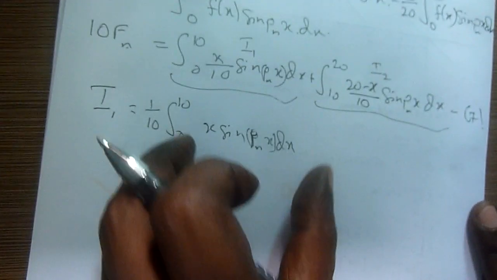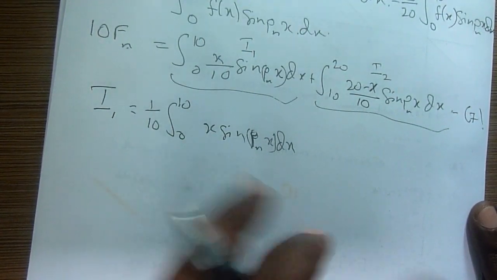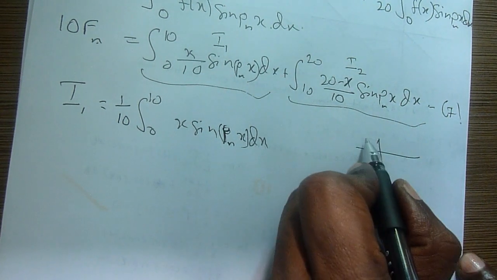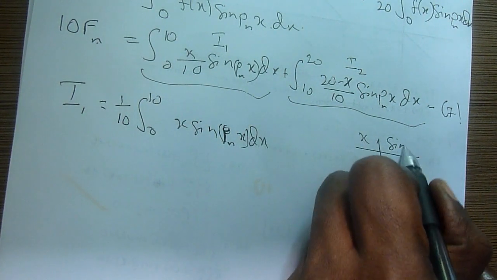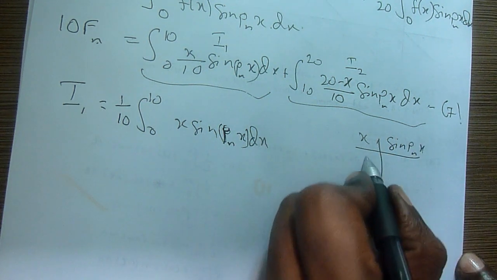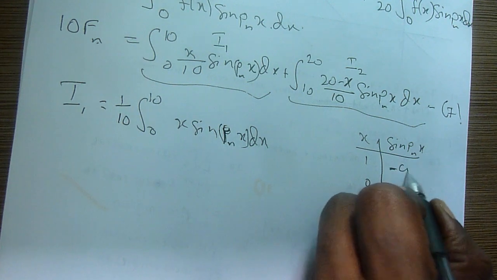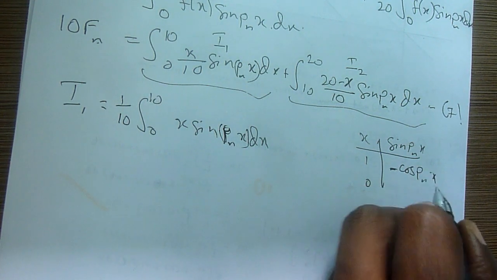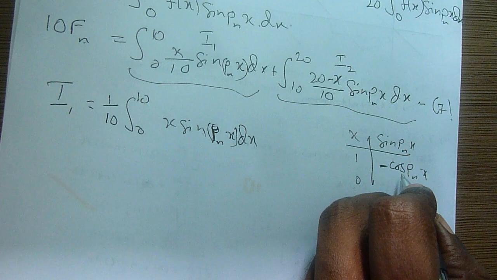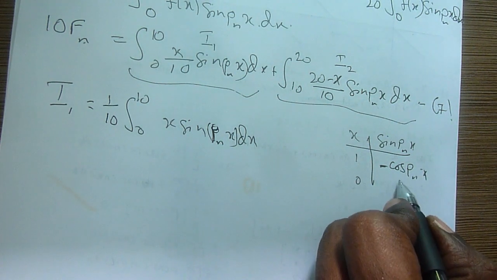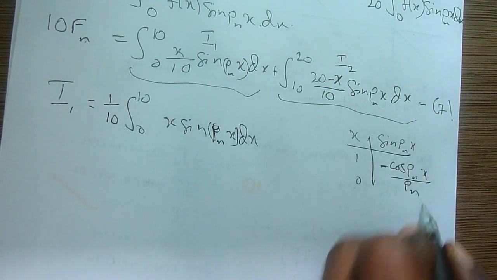Step by step, handle this. I already taught you before. x times sine pnx, integrating, becomes negative cos pnx over pn.